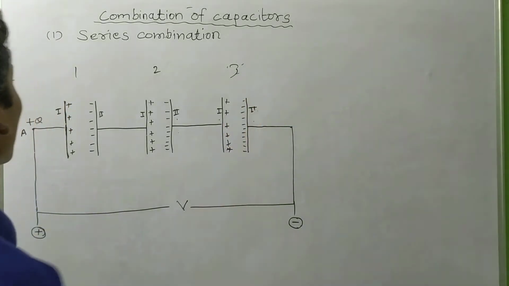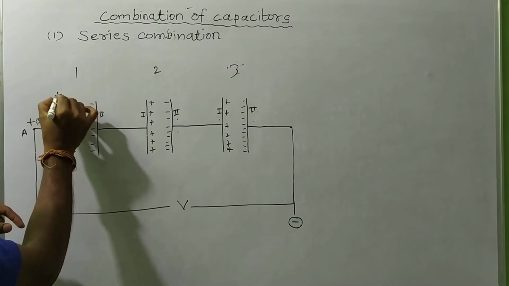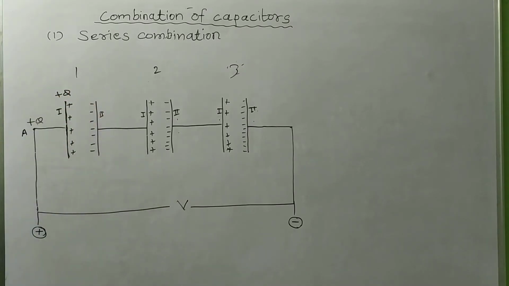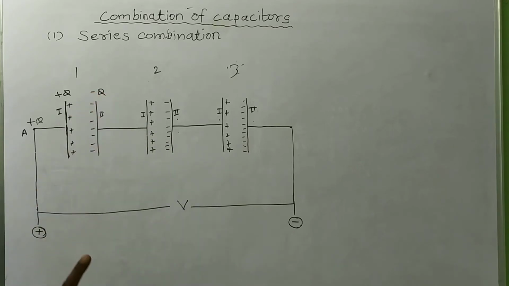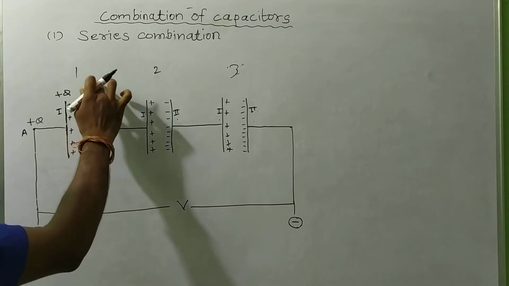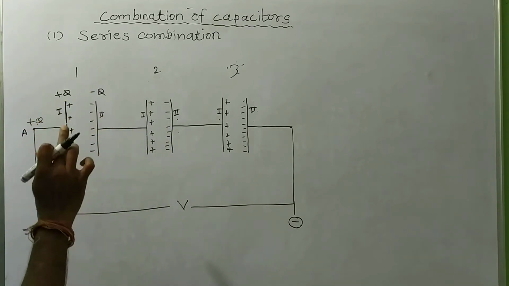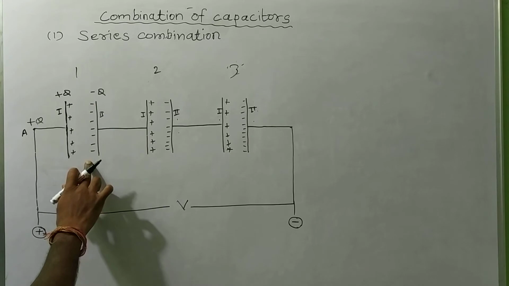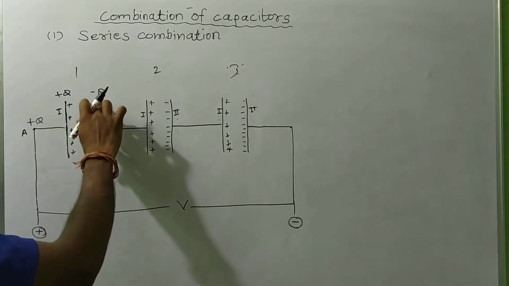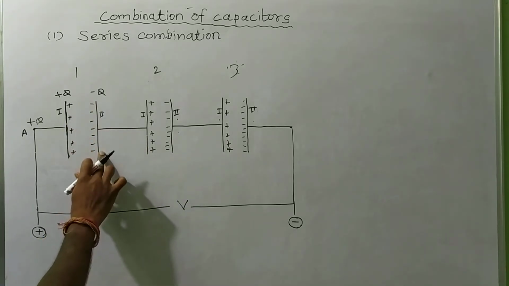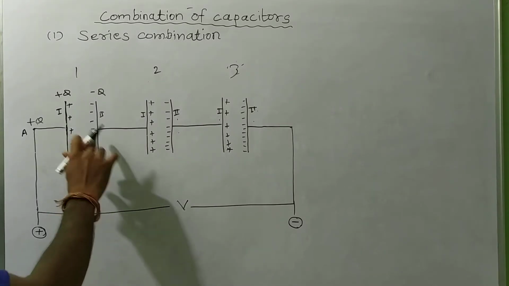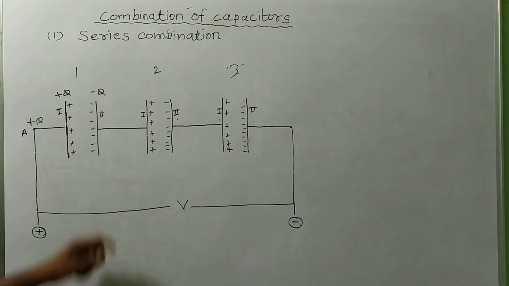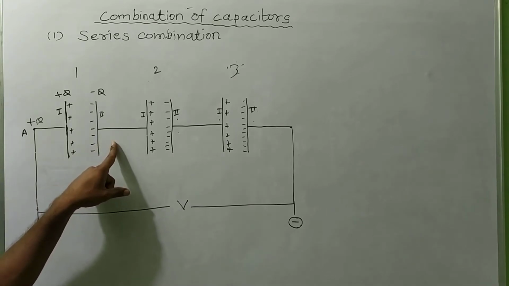So in this diagram, let plus Q charge be applied here. So here will be minus Q charge, with the same magnitude. This minus Q charge is the charge on the inner surface. The outer surface of this plate will have the same charge induced, but this charge will be positive.